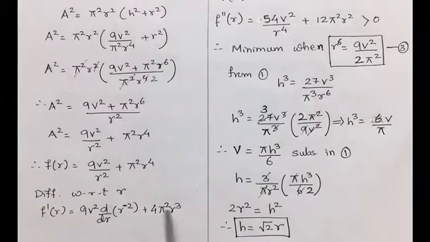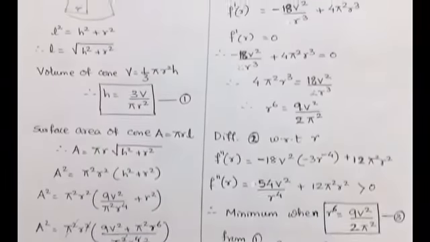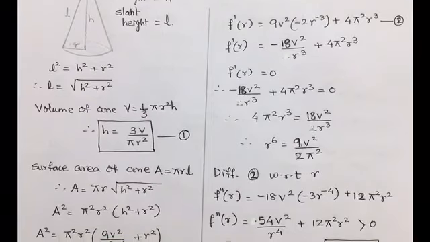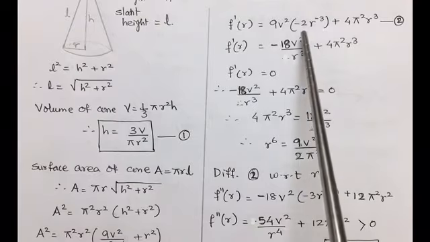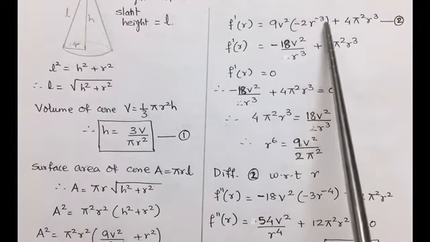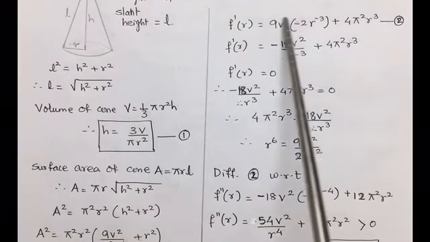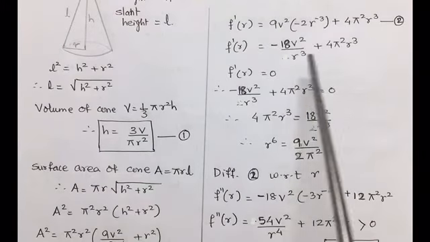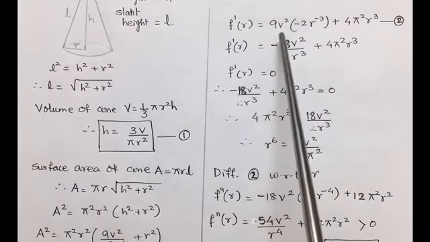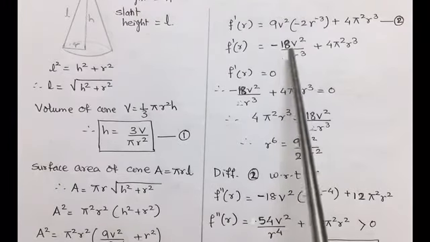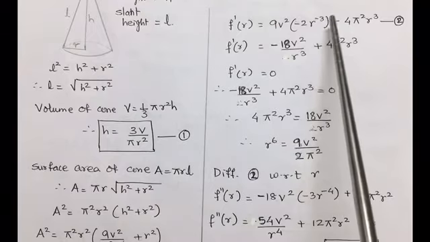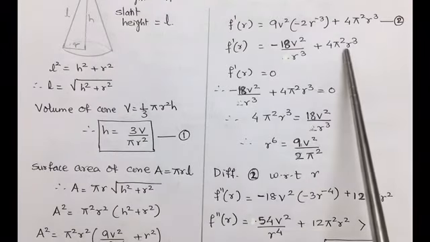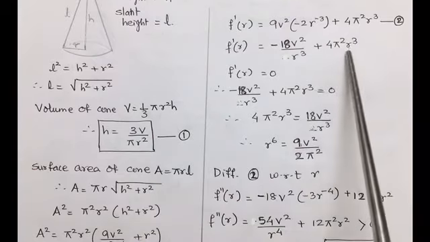So this is how the first derivative is calculated for f of r. Taking the derivative of r raised to minus 2 as minus 2r raised to minus 3, after simplifying we get f dash r is equal to 9 into minus 2 makes minus 18V square upon r raised to 3, taking the reciprocal of r raised to minus 3, plus 4 pi square r raised to 3 remains as it is.